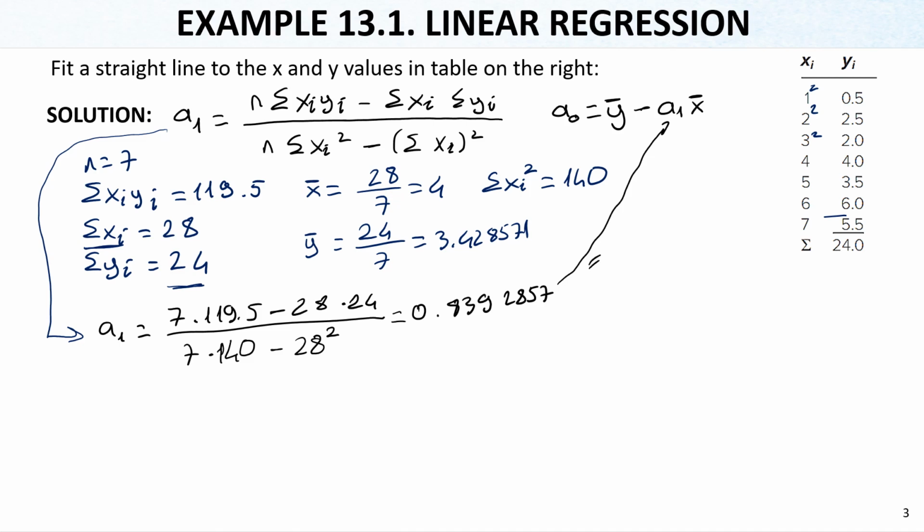Now we will put this here. After putting that there, a0 is basically the mean of y, 3.428571, minus a1.